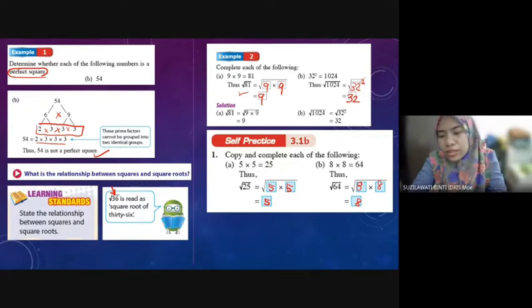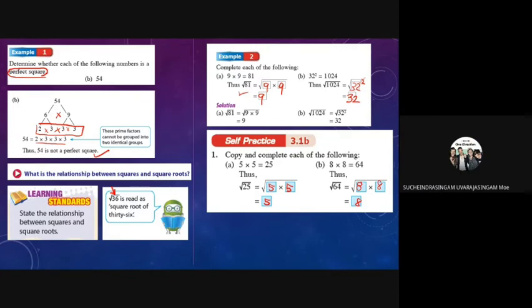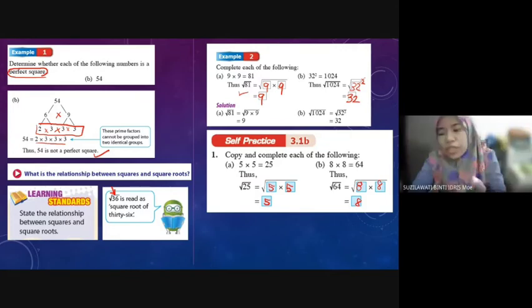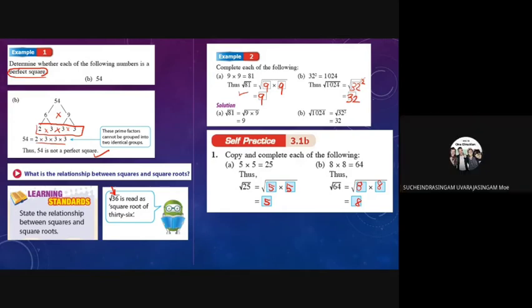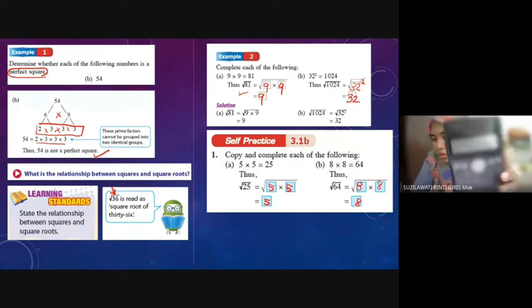Done? After you press the square root symbol, you will see like this. Can you see? If you can't see, I will show you here.